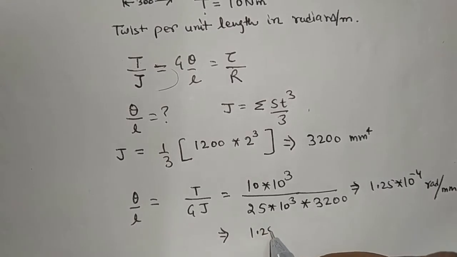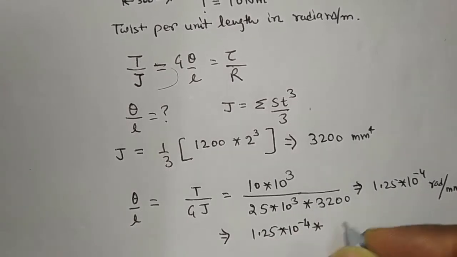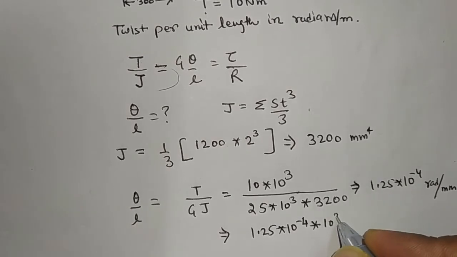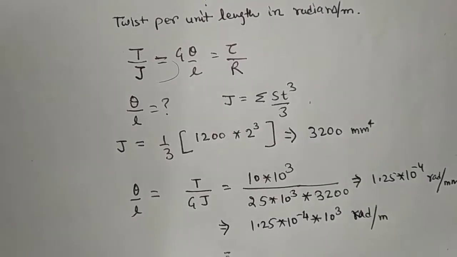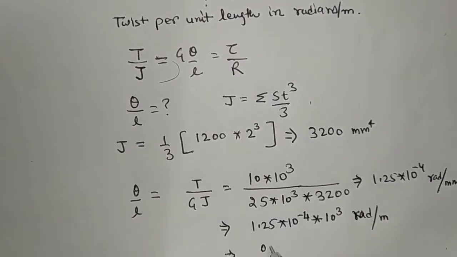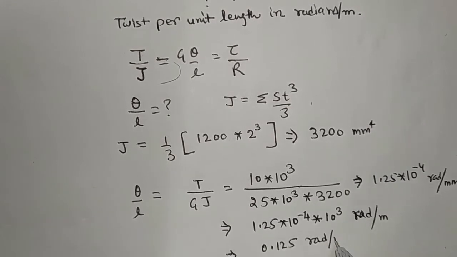So multiplying by 10 to the power 3, the answer will be 0.125 radian per meter.